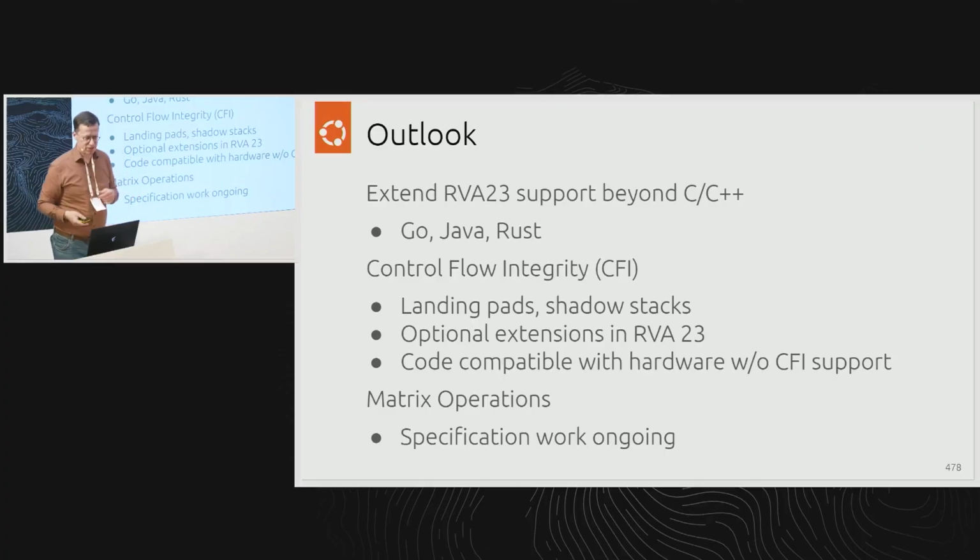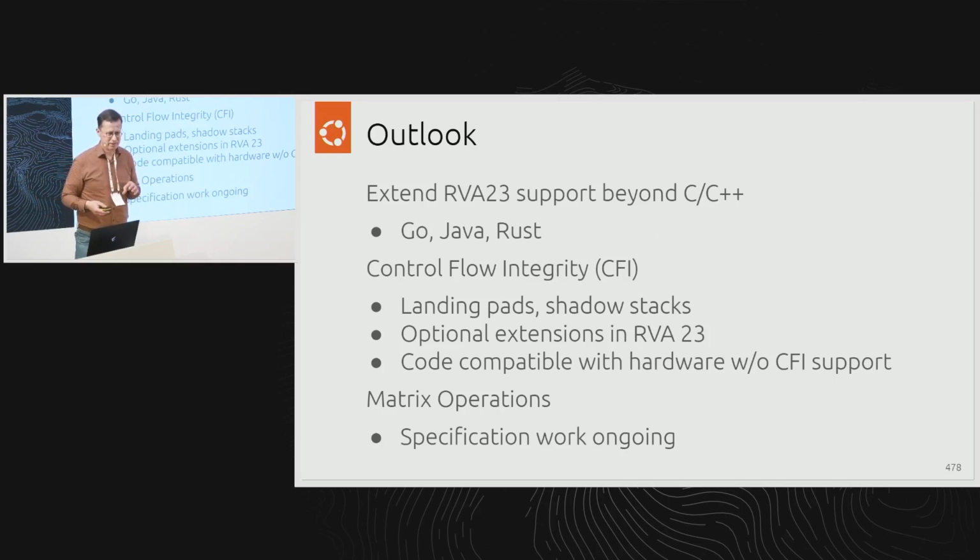And it will not stop here. So if one looks ahead, we are in the next cycle. We are investigating how we can enable RV23 for more languages than C and C++, so for Go, for Java, for Rust. We will start investigating what control flow integrity will mean.